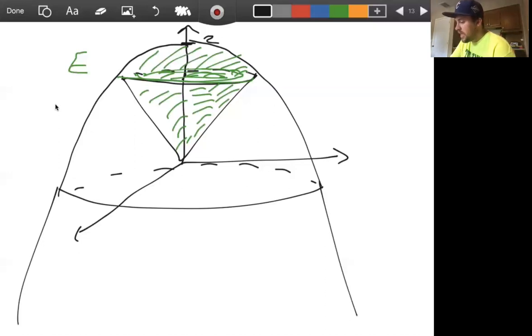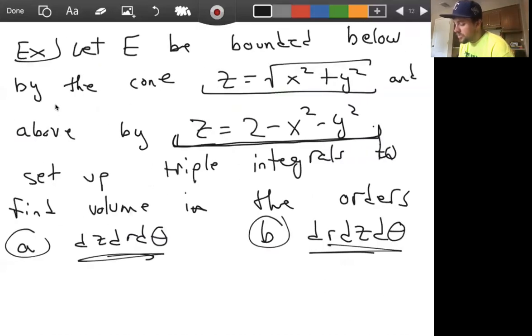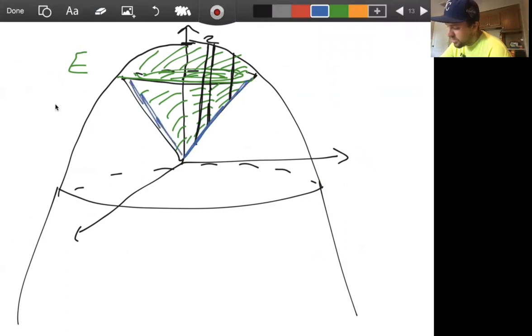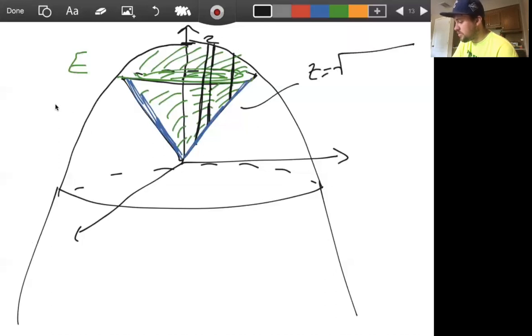Okay. And so if we want to integrate with respect to z first, so let's look at A, right? We need to know where we start and where we stop traveling in the z direction, right? Well, where do we start? Where we start depends on these angled lines right here, and these angled lines are the cone z equals root x squared plus y squared.